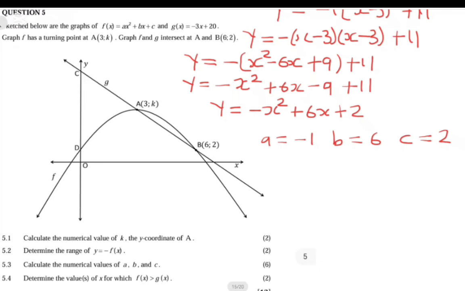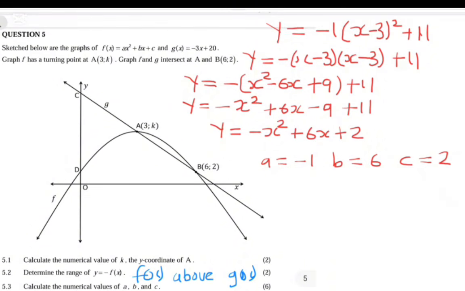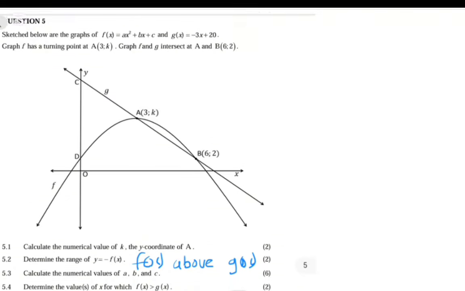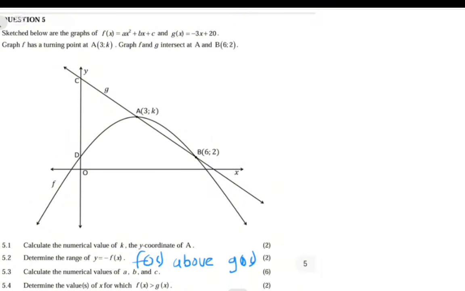They want the values of x where f of x is above g of x. So how can we find those kinds of values? Let me just erase this because now I hope you have understood how we get it. How can we find those values where f is above and g is below?